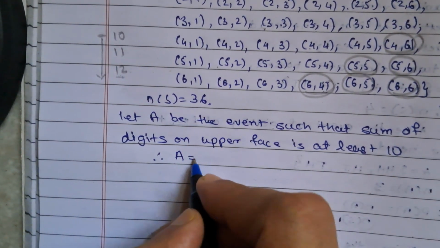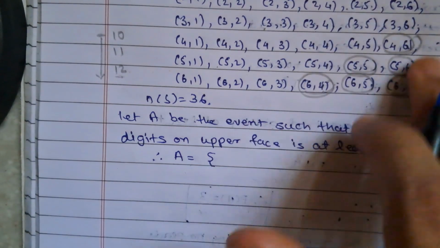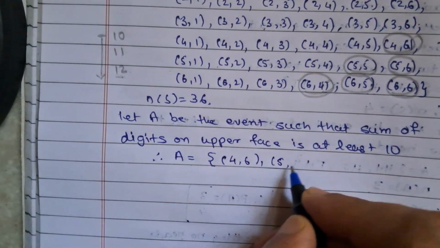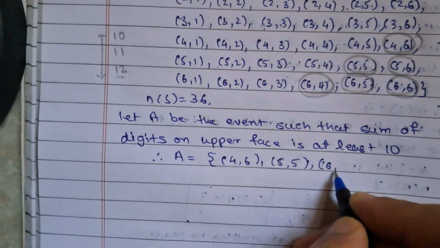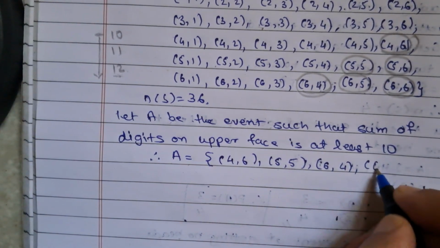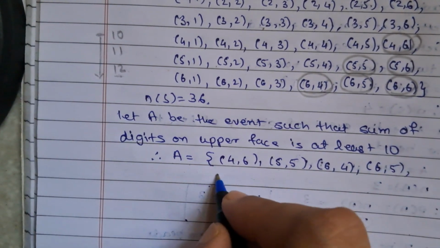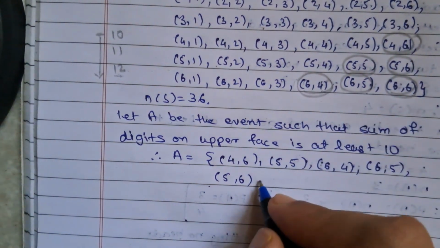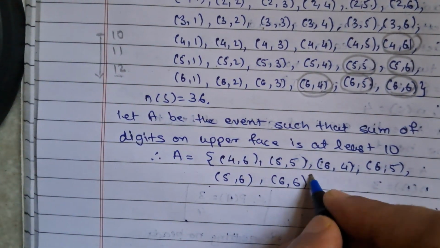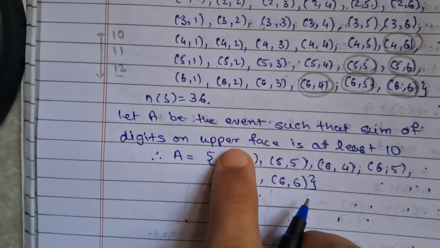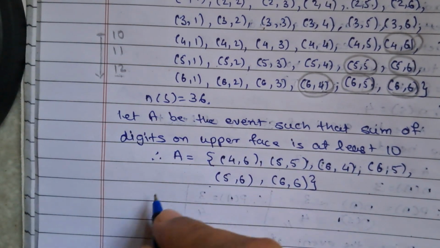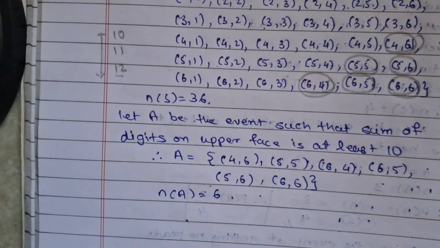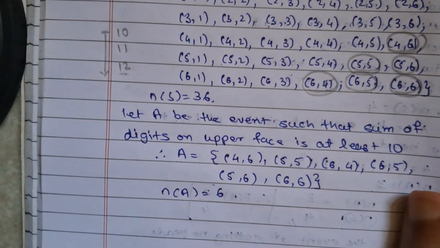Therefore A contains what all elements? All these elements, right? From (4,6), (5,5), (6,4), (5,6), (6,5), and (6,6). So how many elements are there? 1, 2, 3, 4, 5, 6. So I can say n of A is equal to 6, but they are more interested in the probability, isn't it?